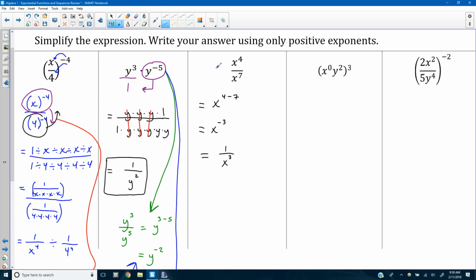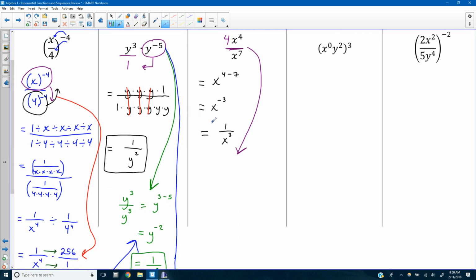What if this problem said 4x to the 4th power divided by x to the 7th? Just what if it said that? Well, this 4 is probably best to be written, understand this is multiplication, away from this mumbo jumbo like this.